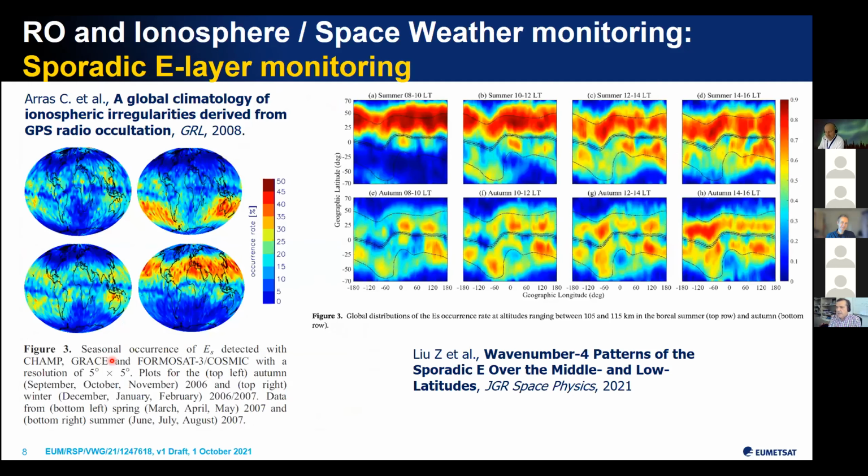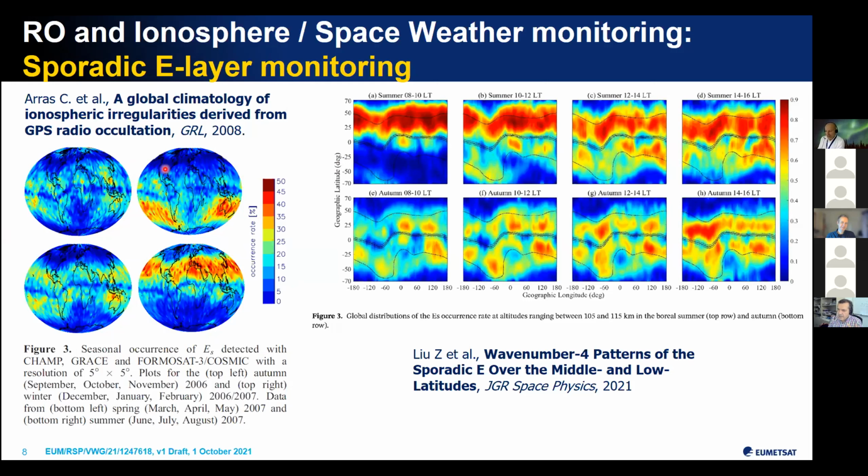In the next slide, this can be taken advantage of to study the occurrence of the sporadic layer, which is a strong feature that sometimes happens, associated sometimes with particle precipitation, a very clear, typical space weather event.